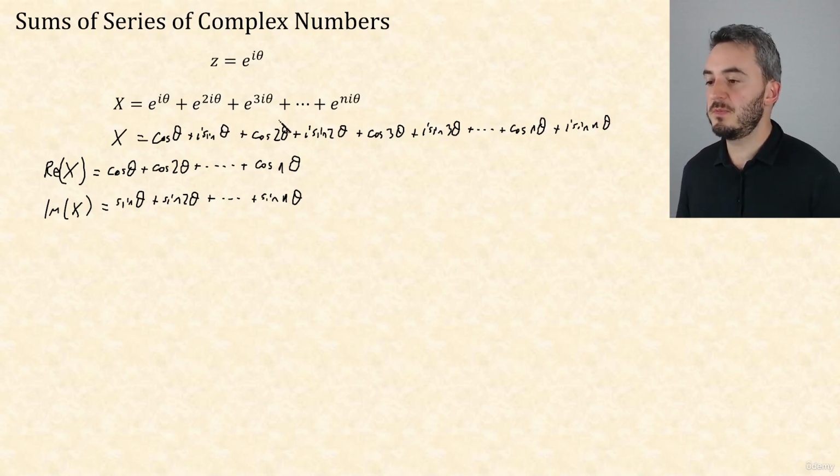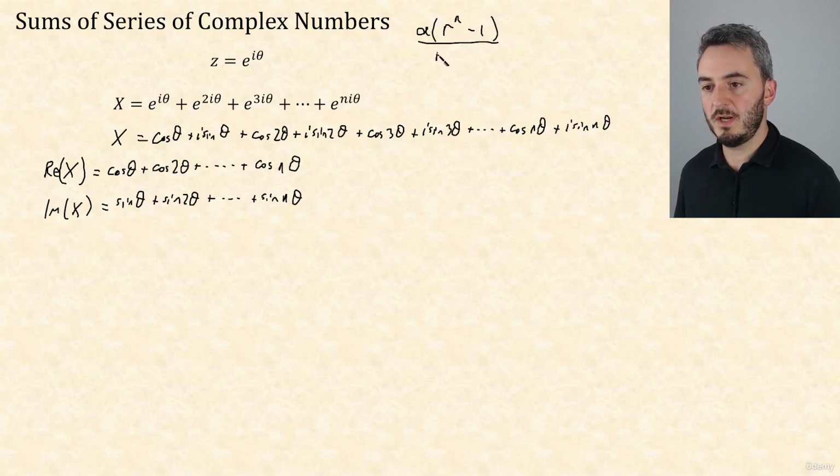Let's loop back to the observation that this was also a geometric series. Recall that the sum of a geometric series is a, the first term, times the ratio to the power of n minus 1, over the ratio minus 1. So what is a in the sequence? Well, it's the first term, e to the i theta.